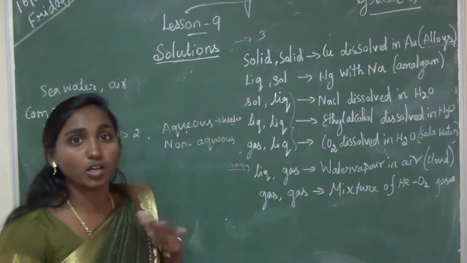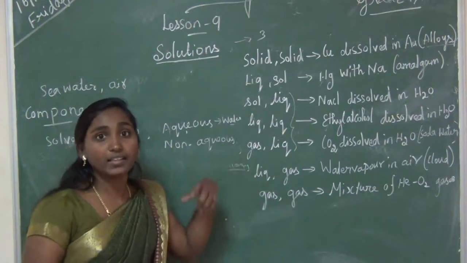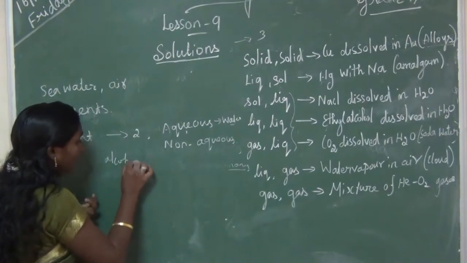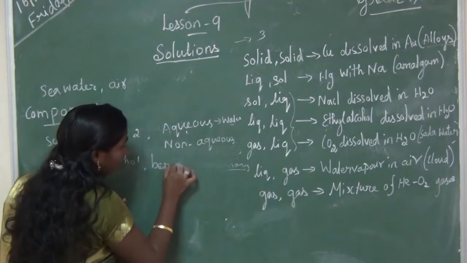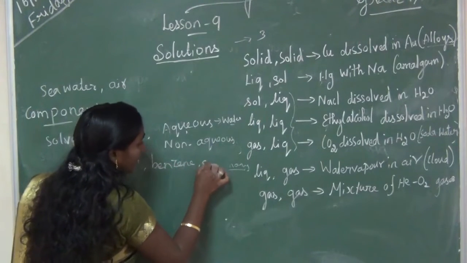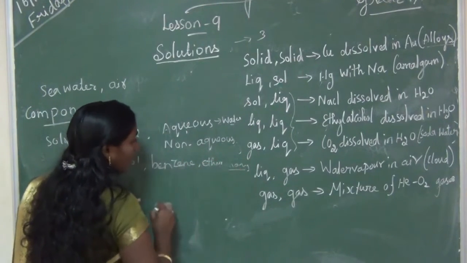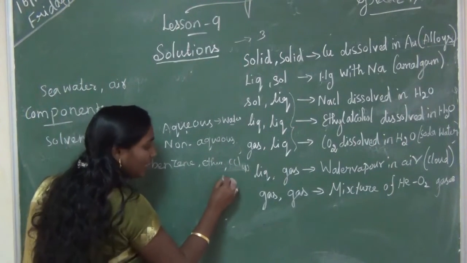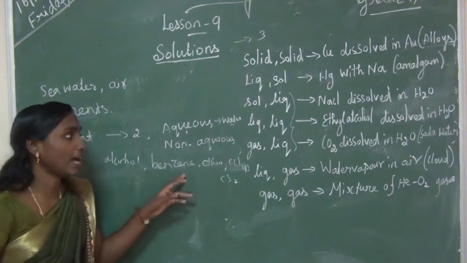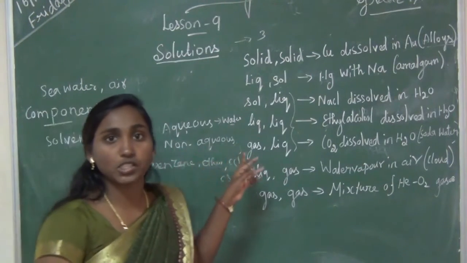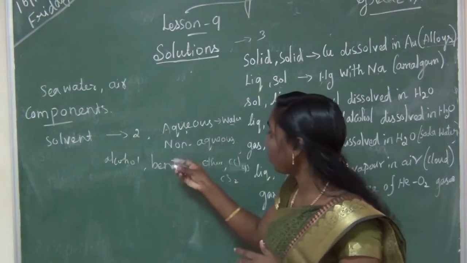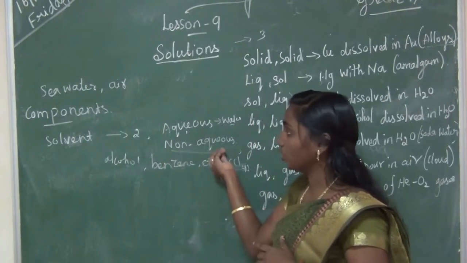Example: alcohol, benzene, ether, carbon tetrachloride, carbon disulfide. These are examples for non-aqueous solution. Any liquid other than water is called a non-aqueous solution.